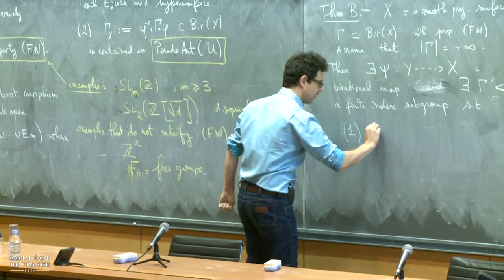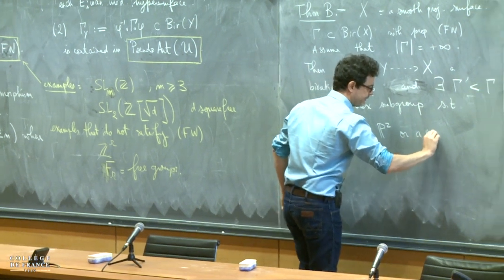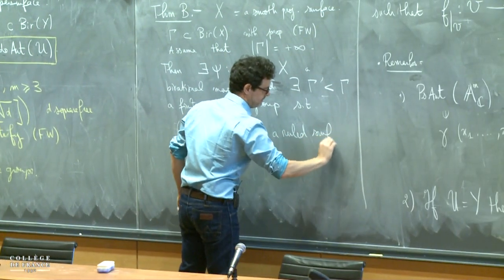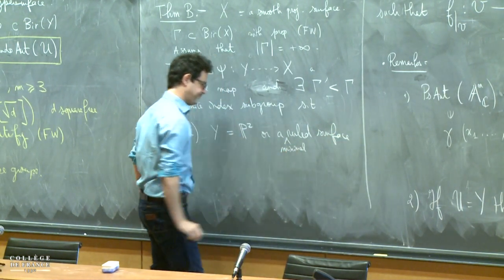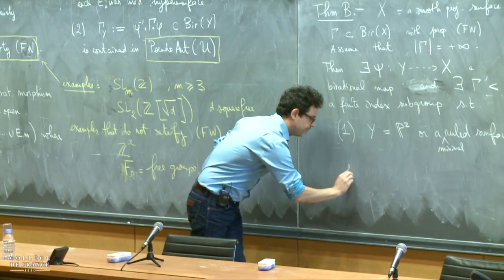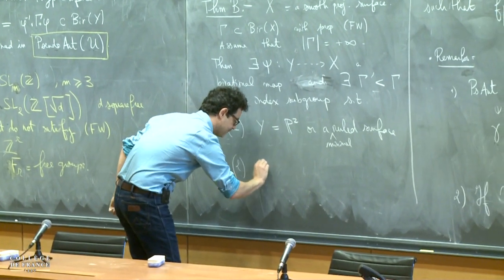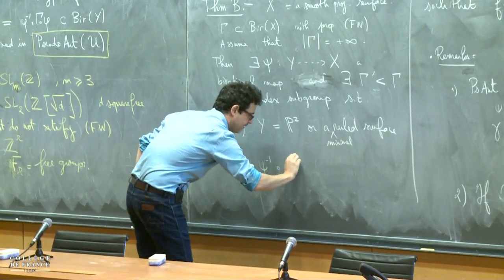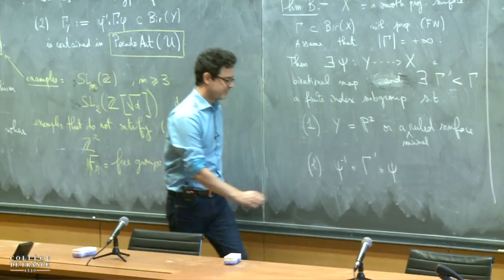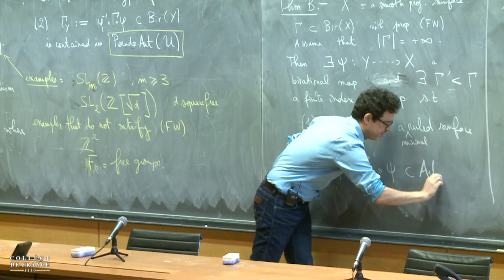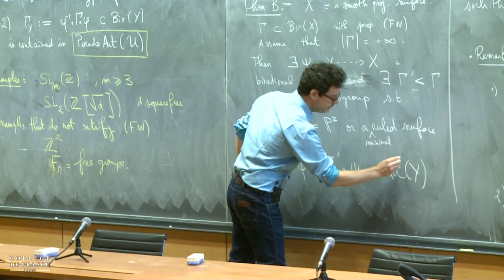first, Y is P2 or a ruled surface, in fact, a minimal ruled surface. And two, when you conjugate, maybe not gamma, but gamma prime, then it's contained in the group of automorphisms of Y, and in fact the connected component of the identity.